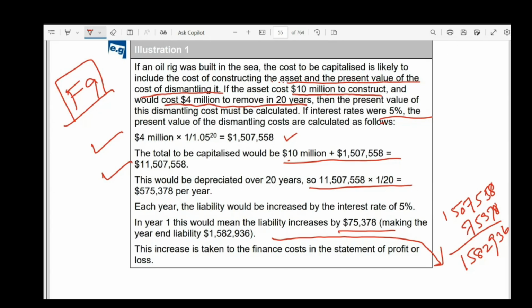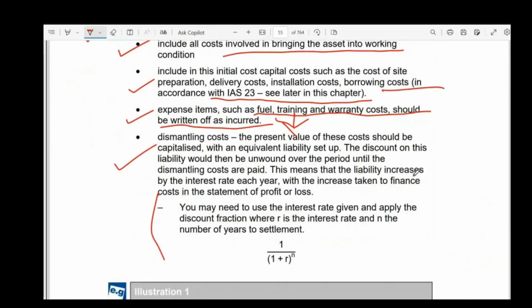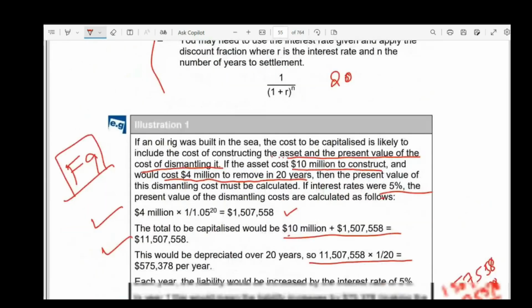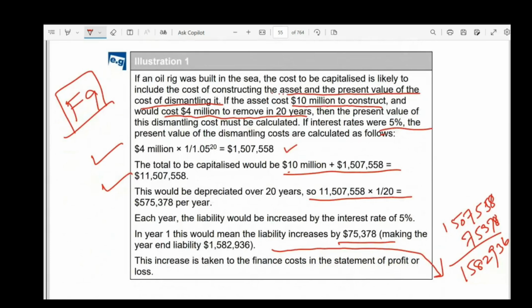You follow the formula we mentioned in the previous sheet: 1 plus r, where n is the number of periods, the number of years. If it is 20 years, the power is 20.